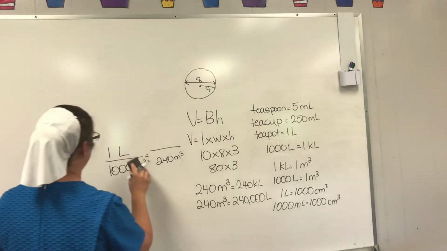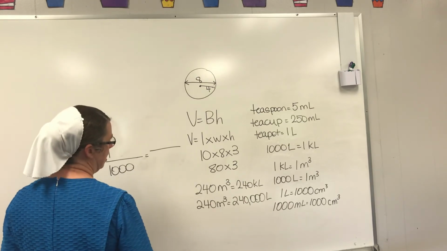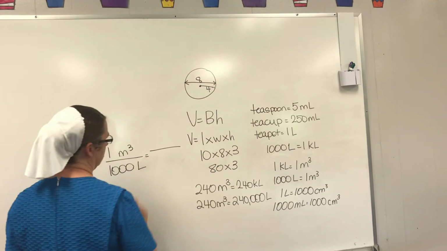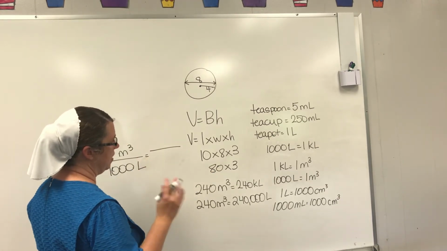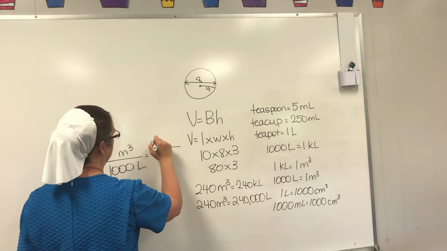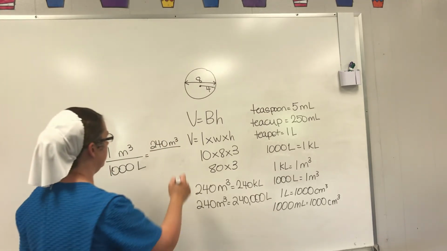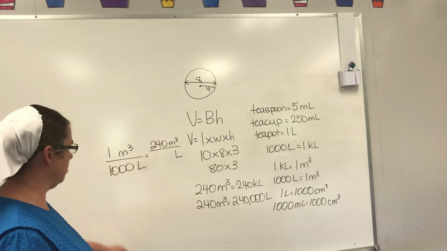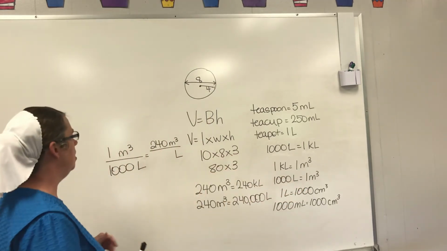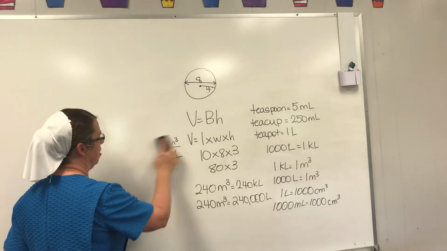I got it backwards. It's 1 meter cubed and 1,000 liters. All right, and then we had 240 meters cubed. And then we needed to know the new liter, so then you could multiply. So if it helps you, take your formula that you've got here, put it in a proportion, and then put over on the right side what you know, and figure the one that's the unknown.